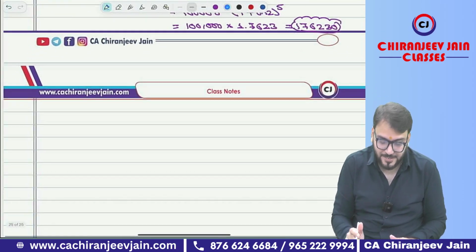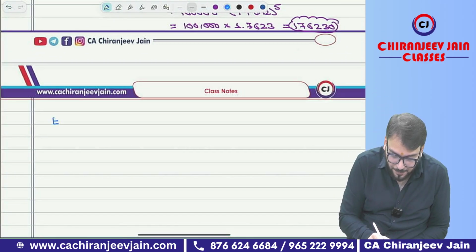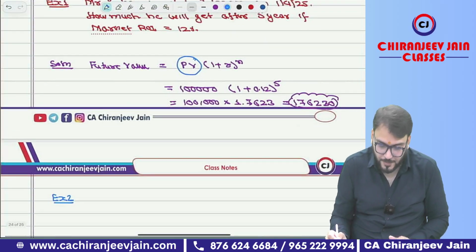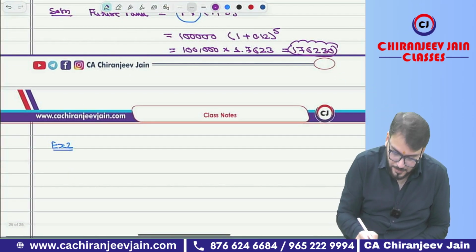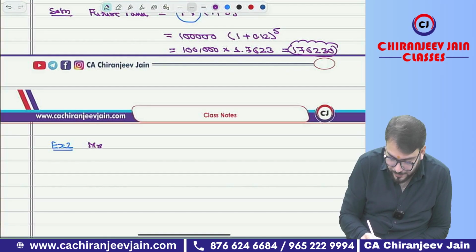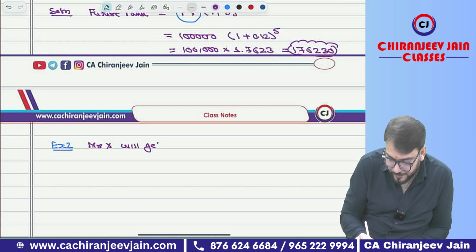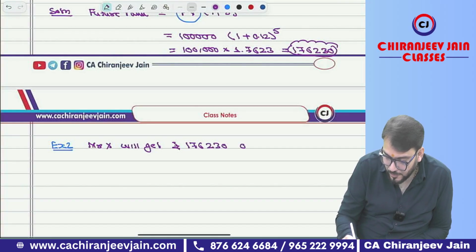Now let me change the example. Example number 2. Mr. X will get rupees 1,76,230 after 5 years.